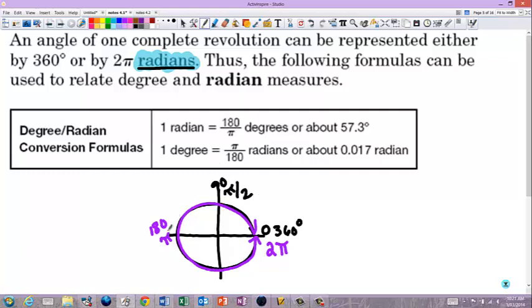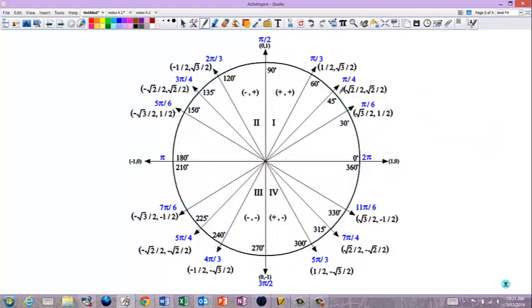These are just a few of our radians, and on your unit circle, everything on the outside is radians: pi over 6, pi over 4, pi over 3. Notice they correspond with a degree. Pi over 2 goes with 90, 2 pi over 3 goes with 120, 3 pi over 4 goes with 135, and so on.